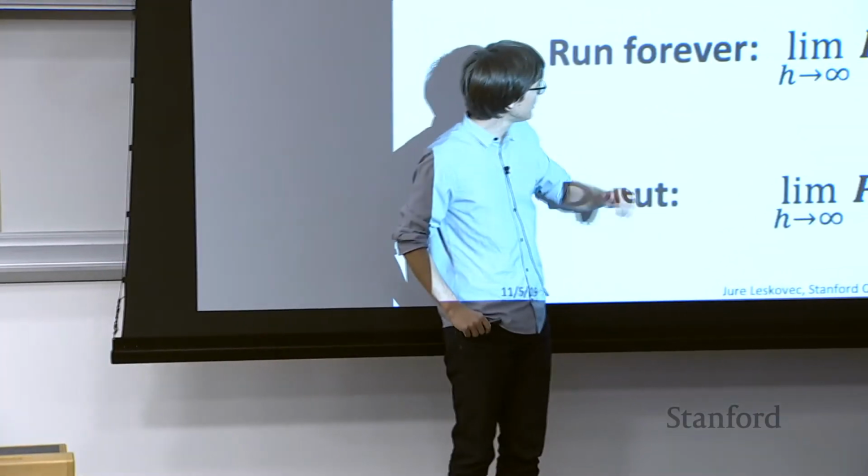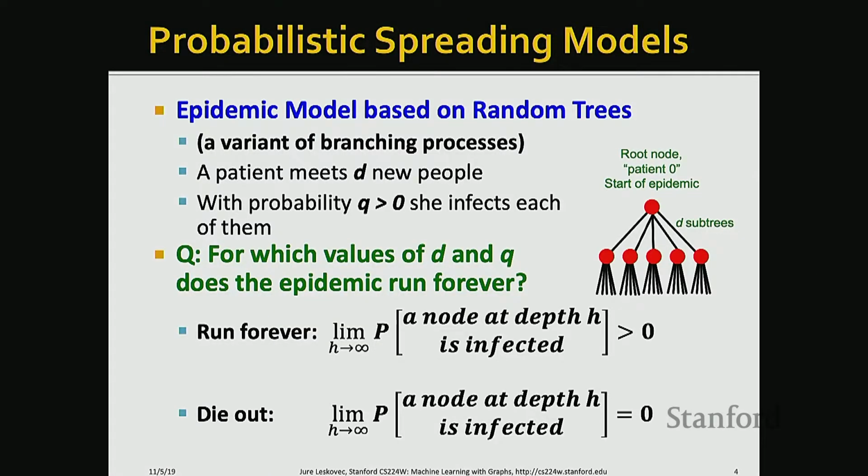What do we want to compute? We want to say the epidemic will run forever if the probability that we have at least one infected node at depth h, as h goes to infinity, is non-zero. And if the epidemic dies out, then as the depth of the tree goes to infinity, the probability that we have an infected node at some level h goes to 0.